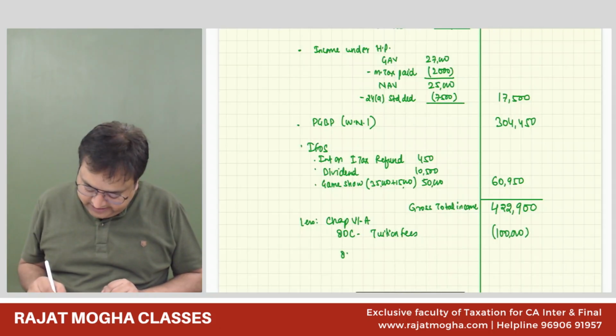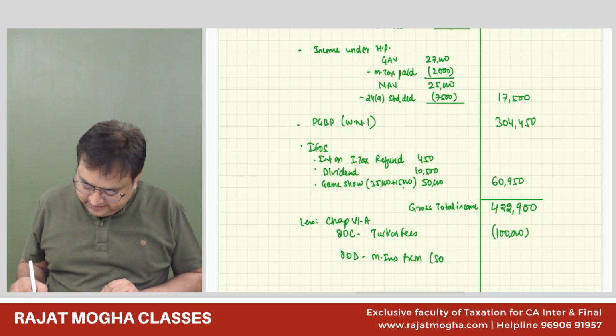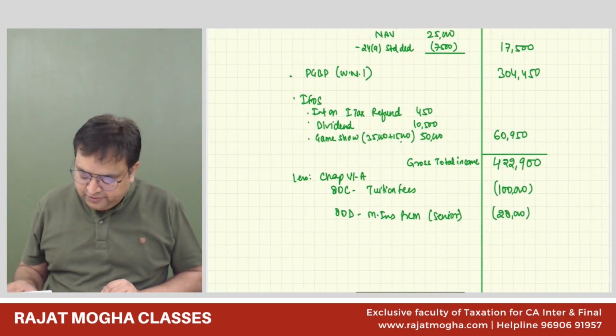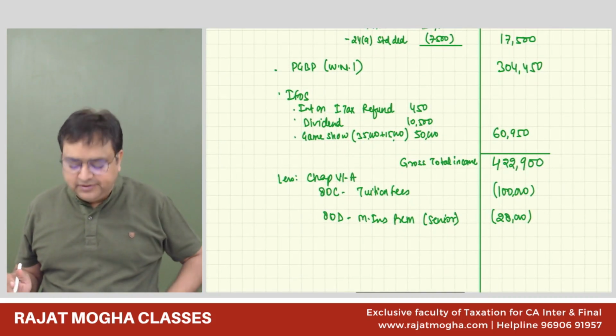Then we have 80D, medical insurance premium, and she is a senior citizen. Therefore, a maximum of 50,000 can be allowed, but she has paid 28,000, so we are okay with 28,000.